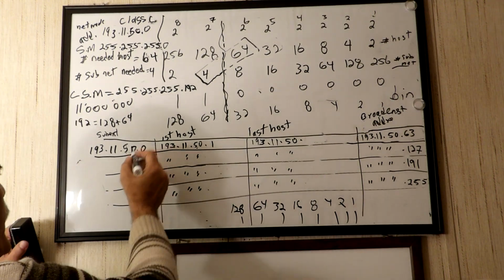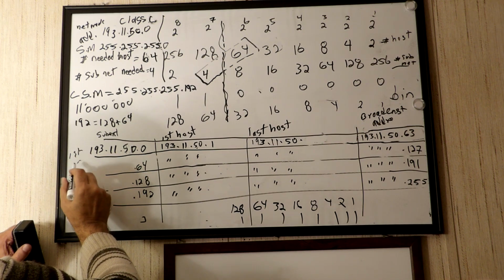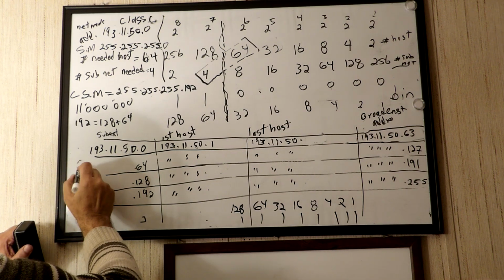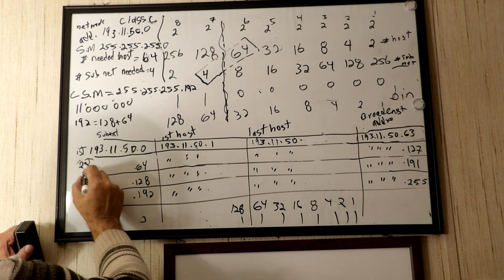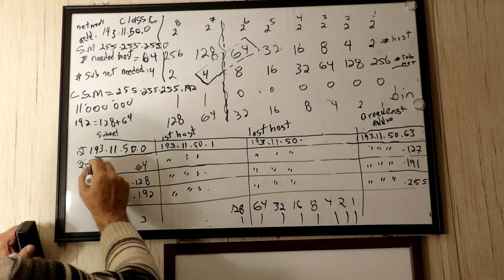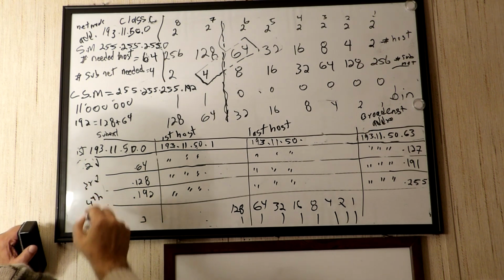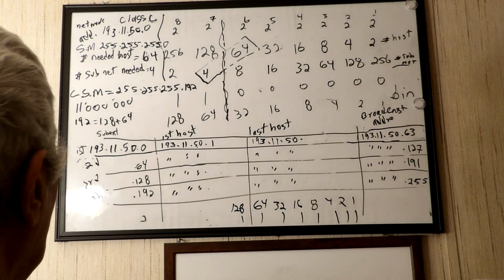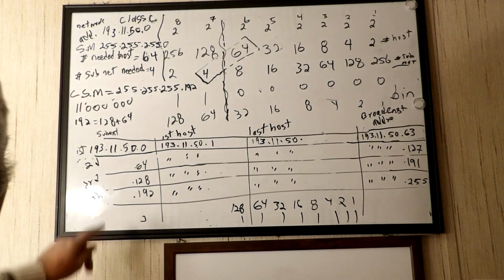So for the first one, first, second, third, and fourth. Four subnets.